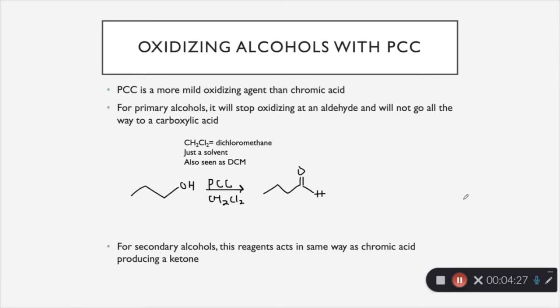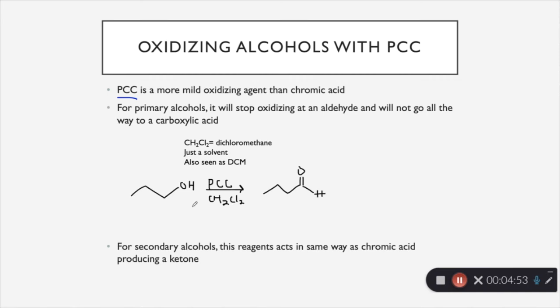We said that chromic acid is going to take it all the way to a carboxylic acid, but if we use PCC, we can stop the oxidation process at the aldehyde because it is more mild. So we have PCC over DCM or dichloromethane, and that is just a solvent, and that allows a primary alcohol to stop oxidizing at an aldehyde.